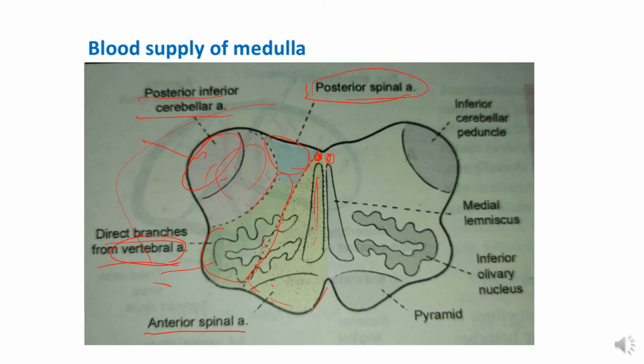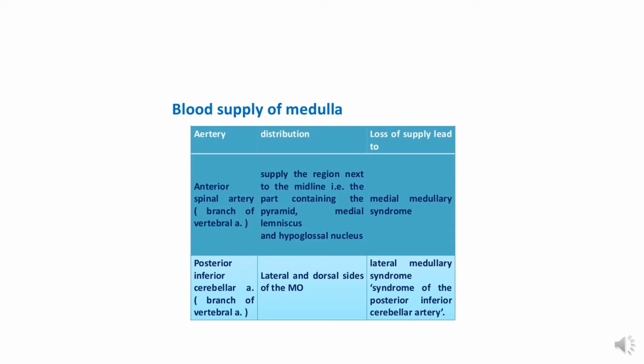Now, thrombosis in any artery supplying the medulla oblongata produces symptoms depending upon the structures involved. The anterior spinal artery, a branch of the vertebral artery, supplies the region next to the midline containing the pyramid, the medial lemniscus and the hypoglossal nucleus.